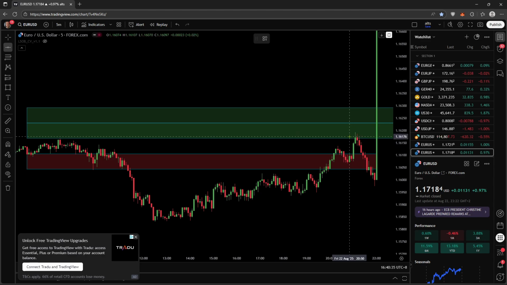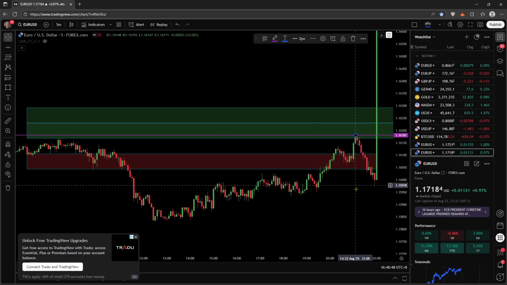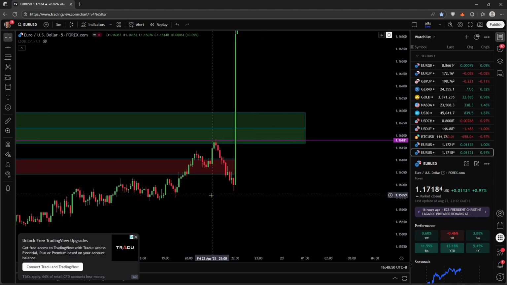It has to close a candle, a full candle close, in the green box. So I would place it like here, right? That was here. So this is the price of our pending order. This is the price. And it happens here.